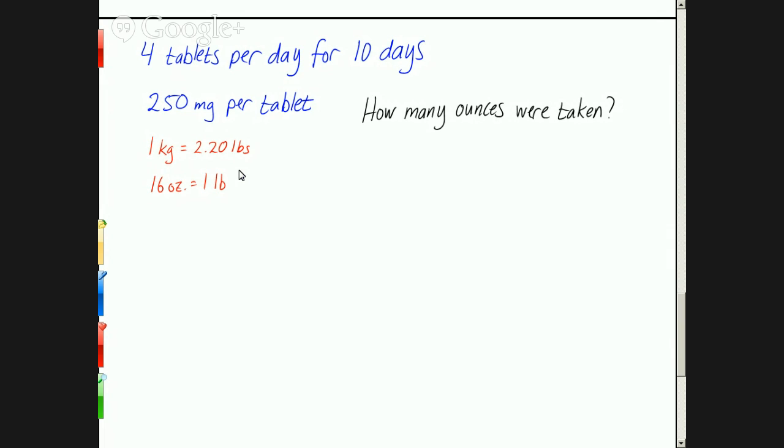No, because milligram is 1,000, so there are 1,000 milligrams of gram and 1,000 grams of kilogram. There's 1,000 times 1,000 milligrams. So you're going to do probably more factors there.